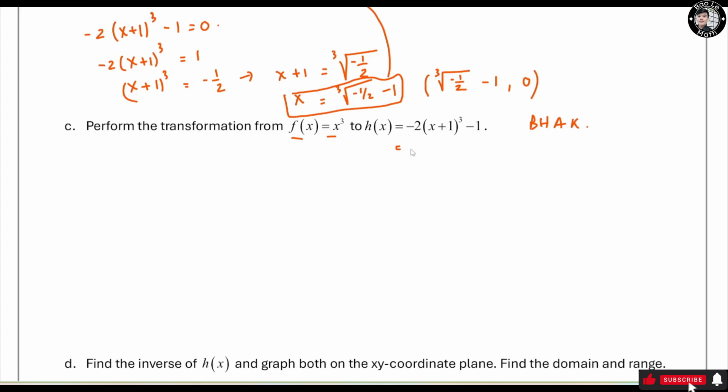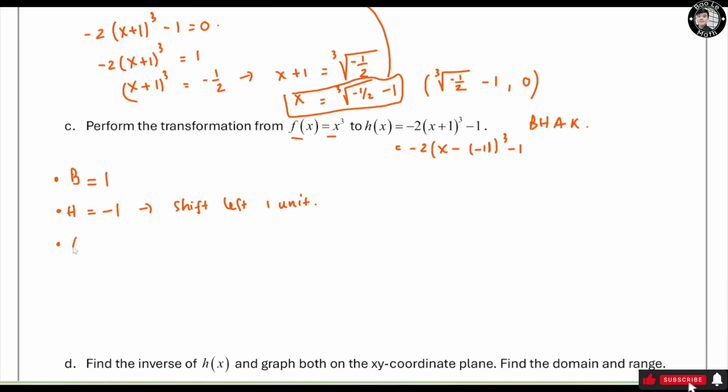It's going to be -2 times (s minus -1) altogether cubed minus 1, right? Now first we're going to talk about the value of b. It's actually 1, right? So there is no horizontal dilation, right? Now h equals -1, right? So the function shifts to the left 1 unit, right?